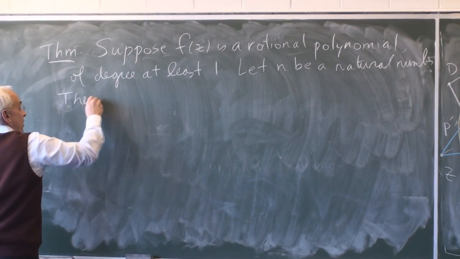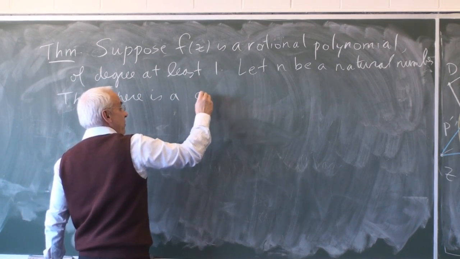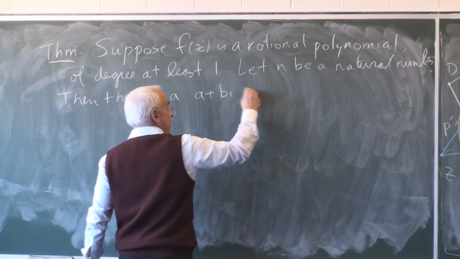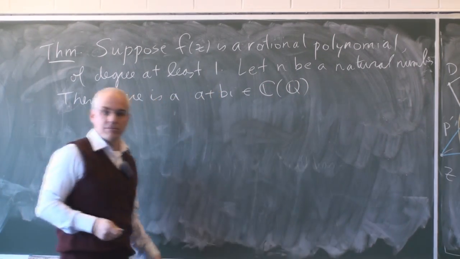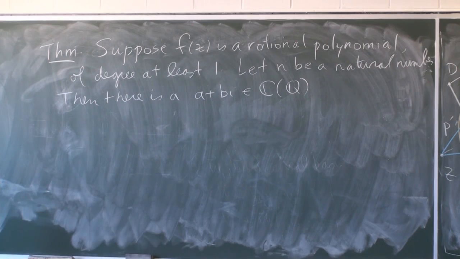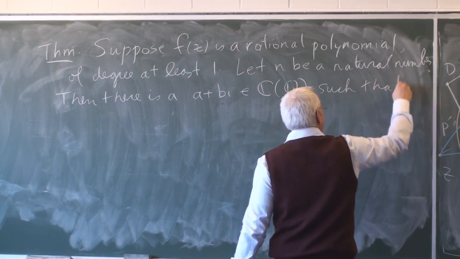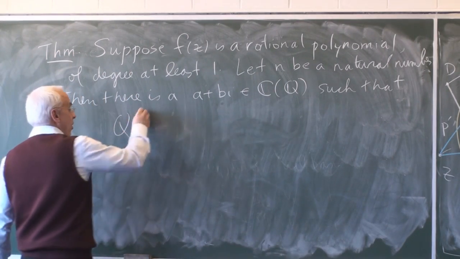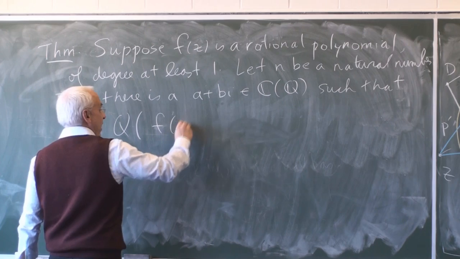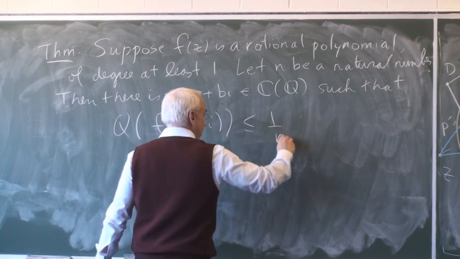Then there is a number a plus bi belonging to our complex rational numbers such that the quadrants of f of a plus bi is less than or equal to 1 over n.